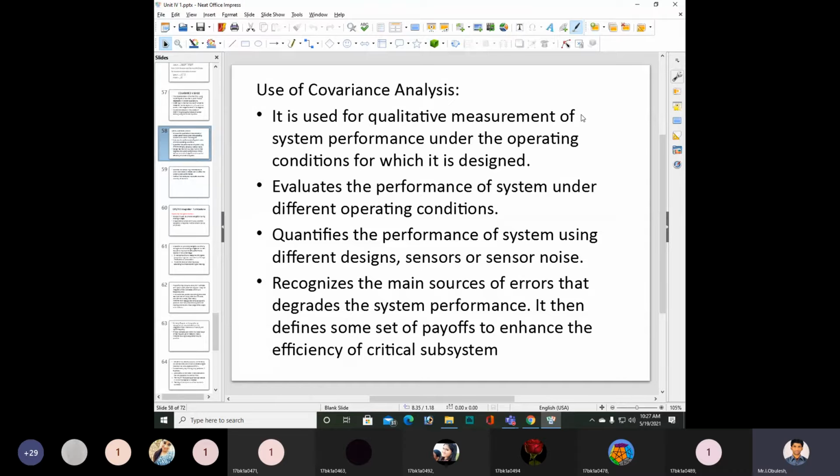It evaluates the performance of the system under different operating conditions.